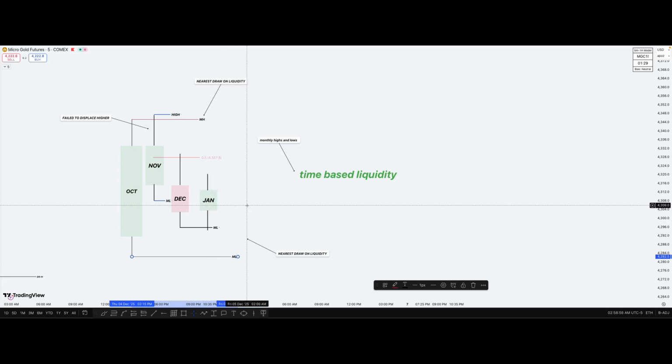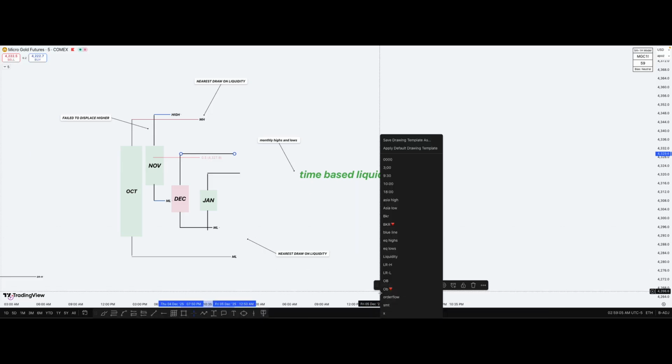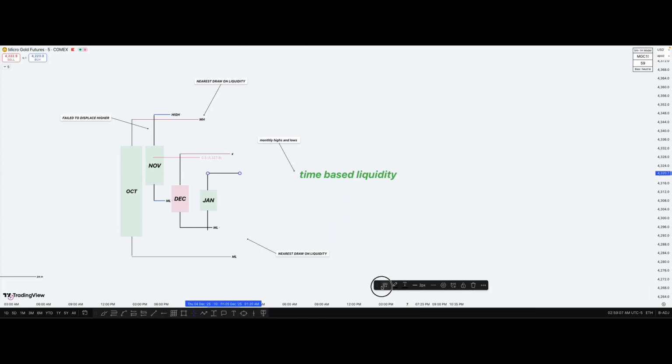So now what do we expect? We would expect either this one or this one, right? All of those are liquidity levels. These are all time-based liquidity levels.